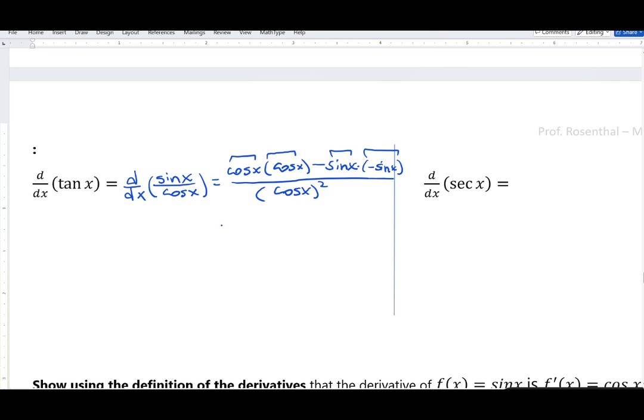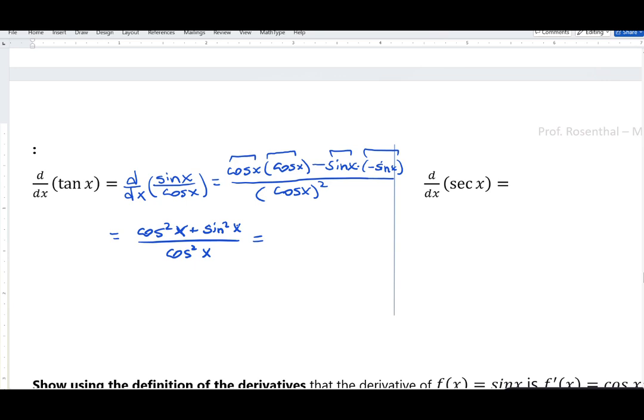So let's simplify this a little bit. Here we're going to have cosine times cosine is cosine square x minus, actually make that a plus, two negatives multiplied together is plus sine square x, right? All over cosine x to the second power. I can also write it like this, cosine square of x. And now I have an important question to ask you.